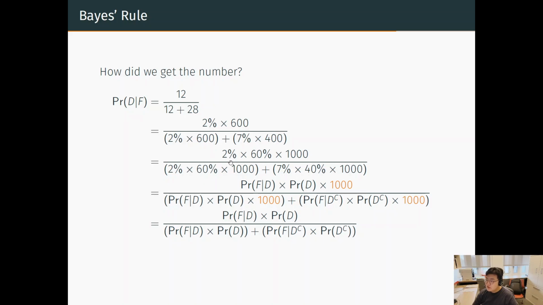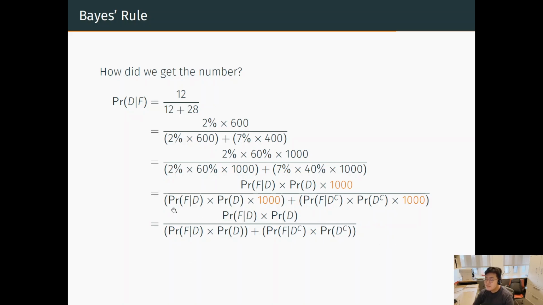All those numbers, 2%, 60%, 40%, 7%, are given in the question. But once again, 1000 is the number I choose, but it doesn't matter because it can be cancelled out. In the numerator and denominator, you can divide by 1000. You get the basic underlying conditional and unconditional probabilities only.